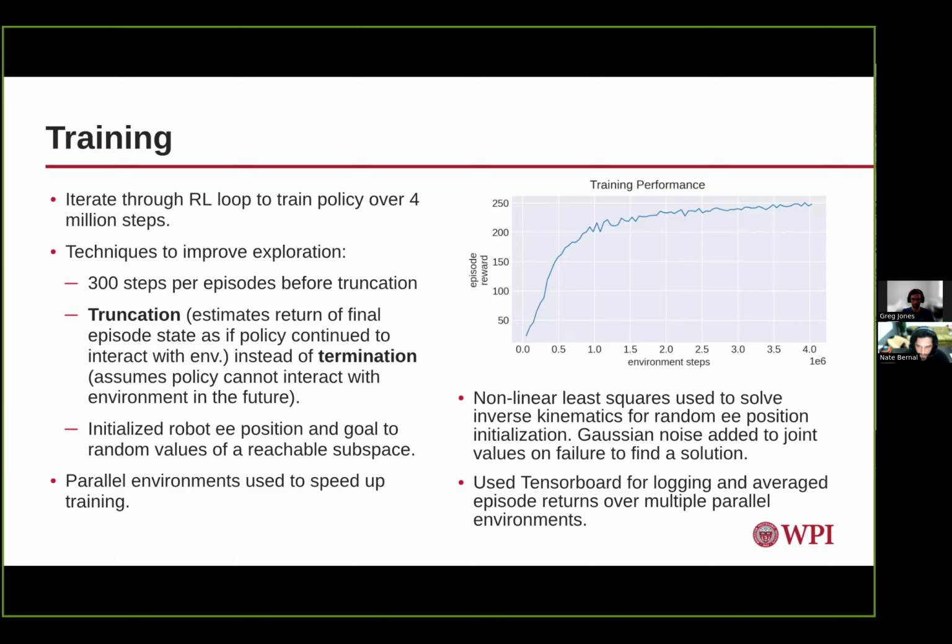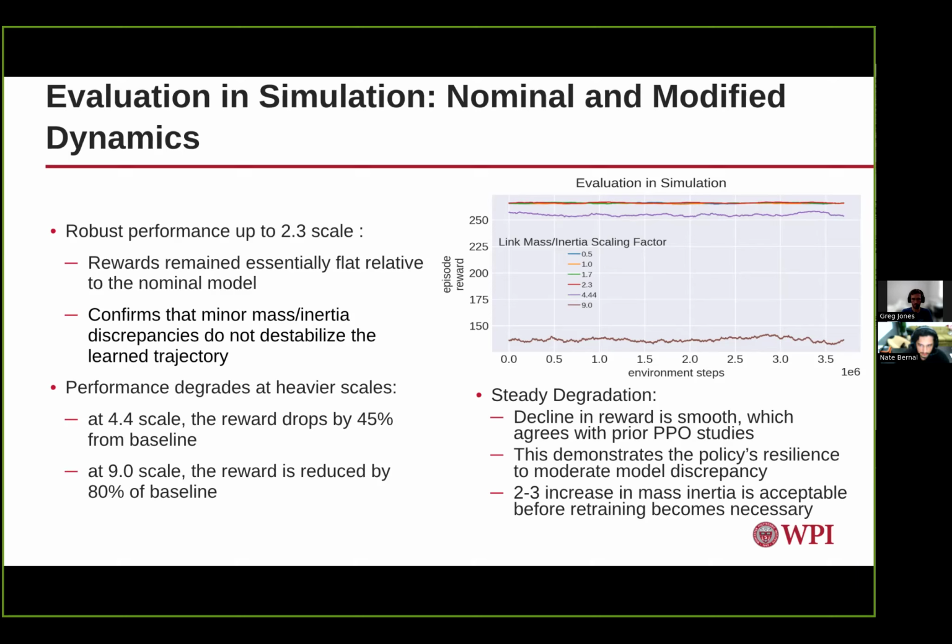Once the robot became significantly heavier, at scale factors of 4.4 and 9, we finally saw meaningful drops in reward to about 140 and 250 respectively. This gradual decline reinforces earlier findings that PPO policies tend to taper off smoothly rather than fail abruptly when faced with moderate dynamic shifts. Next slide.